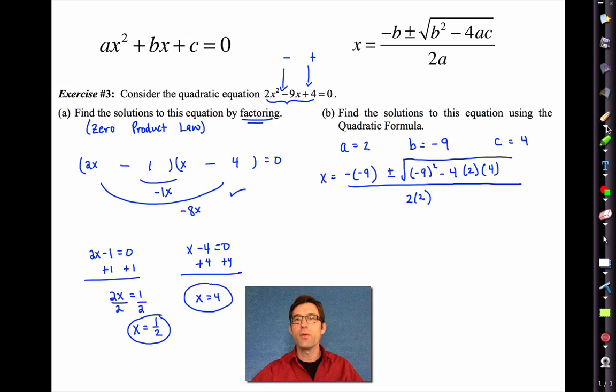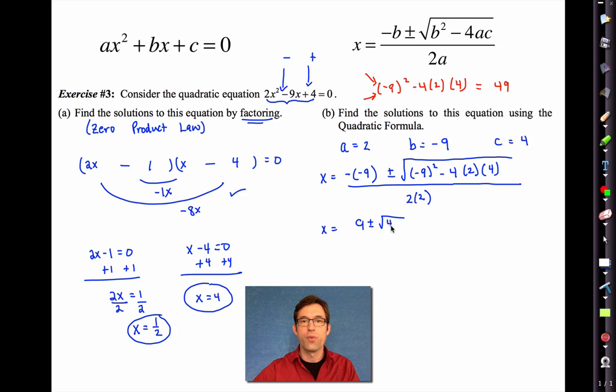Again, this is probably where I go to my calculator and type in negative 9 squared minus 4 times 2 times 4. Notice these parentheses. If you don't have the parentheses around the negative 9, you're going to get the wrong answer. But if I do all that, it's all equal to 49. I'm going to go back to the blue. Negative 9 is positive 9, plus or minus the square root of 49, all divided by 2 times 2, which is 4.